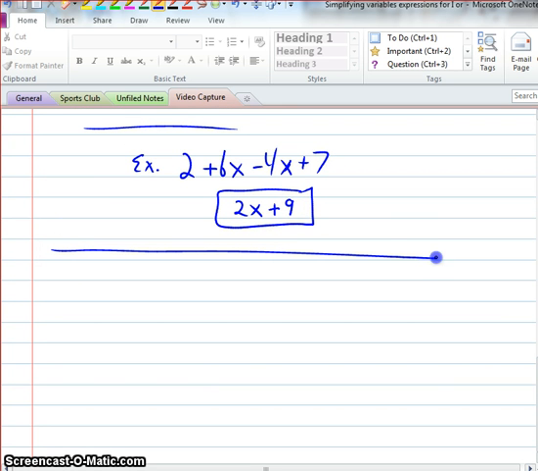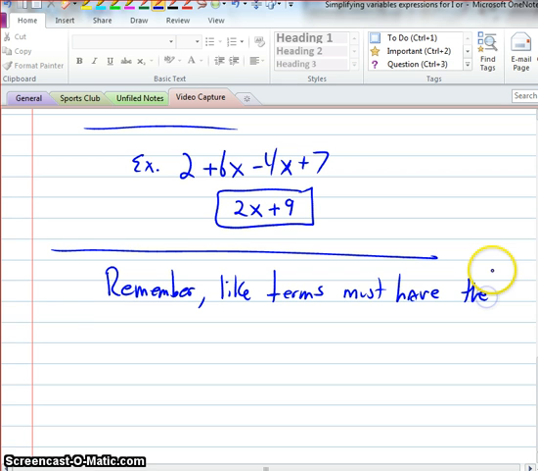So that brings us to a statement, which is, remember, like terms must have the same variable. Forgive me if I'm slow, I'm still working on this program, but it has to be raised to the same power.